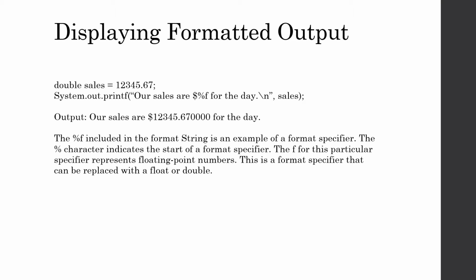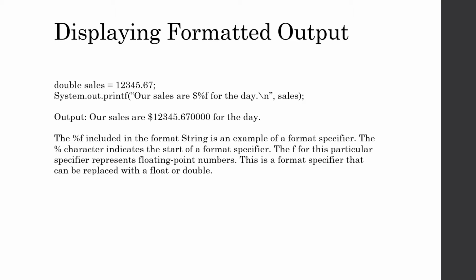So when we display that to the console, you're going to see our sales are $, and then you're going to see the number actually print out for sales. One thing that you'll notice, because I'm only using %f, is that you're going to see 12345.670000, and then the rest of the sentence for the day.